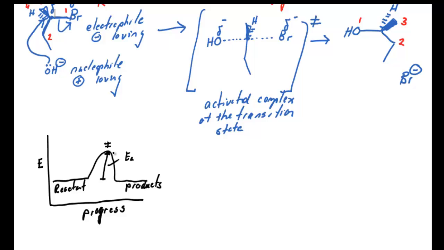Note that this reaction has one transition state. So we say that this reaction occurs in one step. If it has one transition state, the reaction occurs in one step. So let's emphasize that: one transition state, one activated complex.